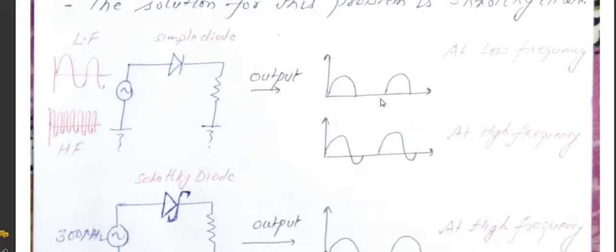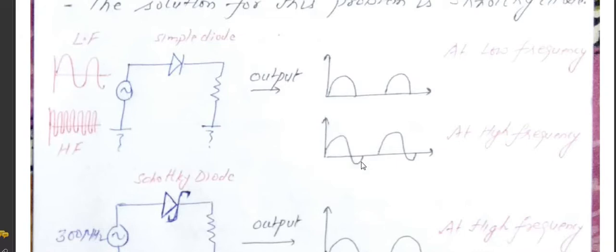But when the same diode is used at high frequencies or very high frequencies, the response of this diode changes. When we apply this type of signal to this diode, the corresponding output will be like this. In this output we get the output corresponding to the diode when it is forward biased, this positive half cycle, but we get some output during the negative cycle also.